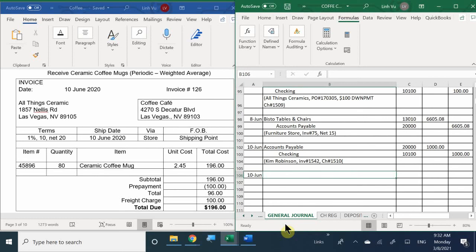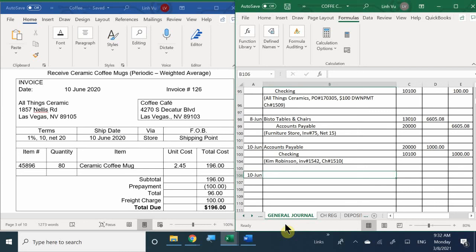All right. Let's look at our information carefully. We received our coffee mugs, right? So let's look at this. Subtotal is $196, right? We have a prepayment, right? Because we sent them a $100 check. So that goes against the bill, as you can see right here. So now your total is $96.